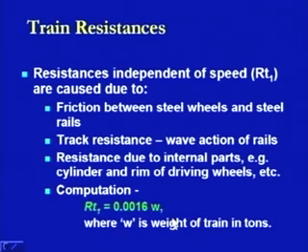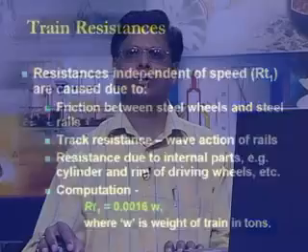Then there are certain other things which are happening. Here we are talking about the friction of steel wheels on the steel rail. There is a track resistance which comes up in terms of the wave action of the rails. This wave action of the rail is caused because of the transfer of the load from the top to the bottom through the wheels. Whatever load comes at any of the wheels is transferred to the rail.